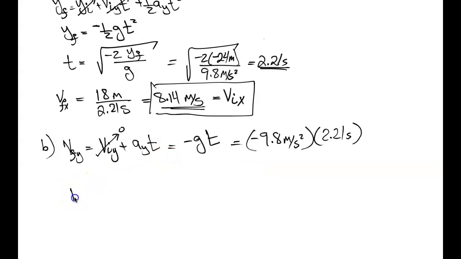So we can say now that the final velocity before it hits the ground is going to be the square root of v final x squared plus v final y squared.